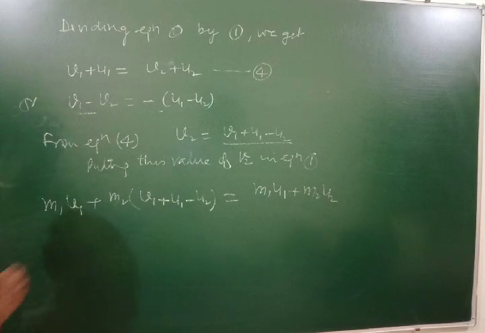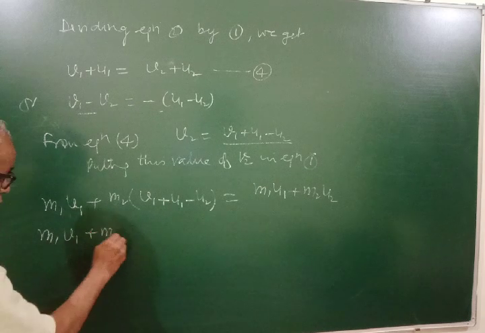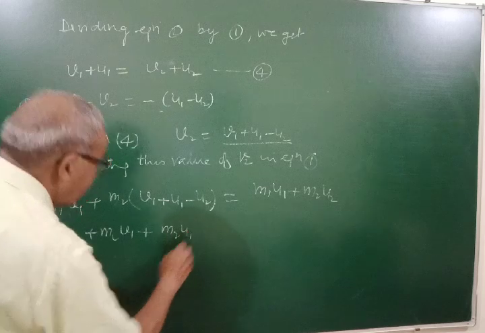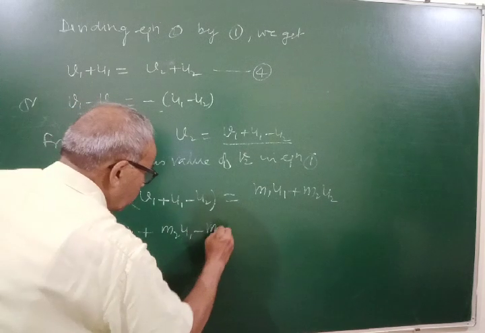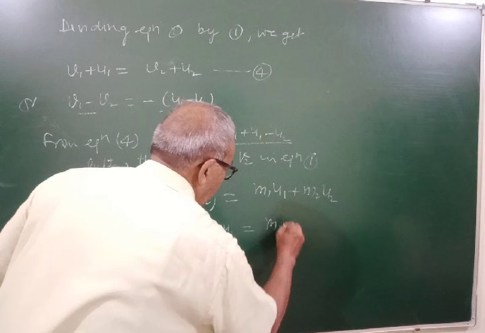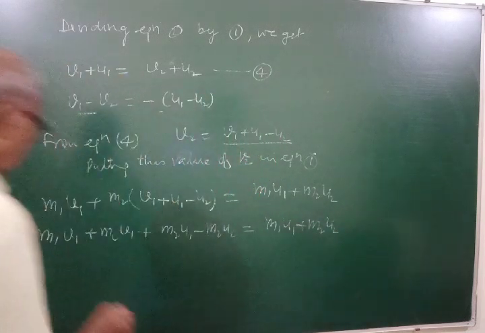Or it is M1 V1 plus M2 V1 plus M2 U1 minus M2 U2 equal to M1 U1 plus M2 U2.